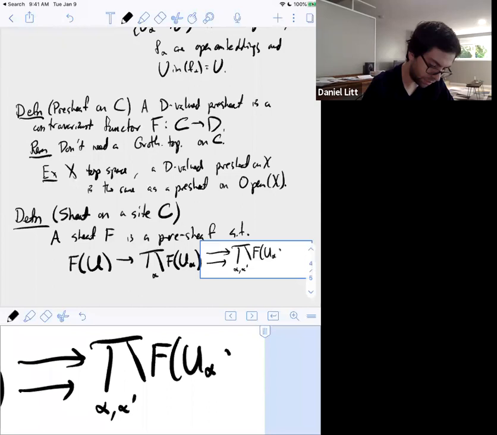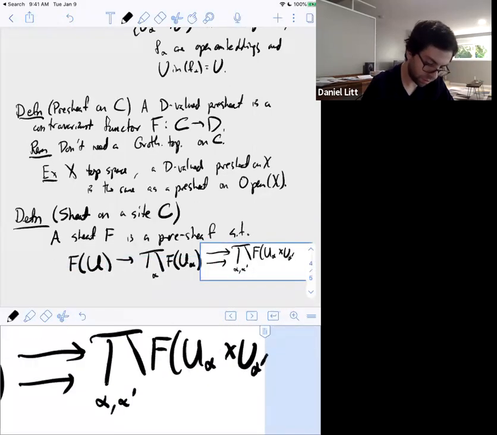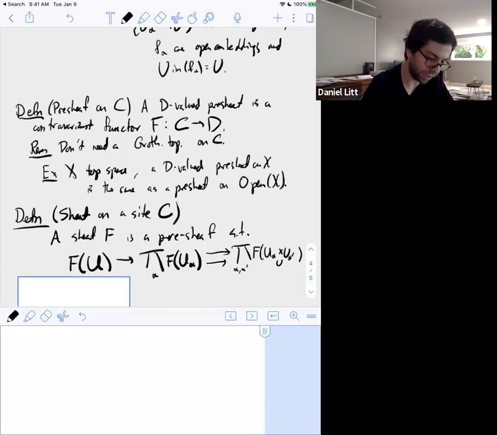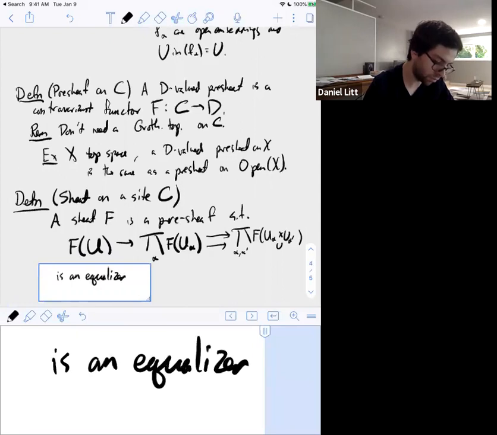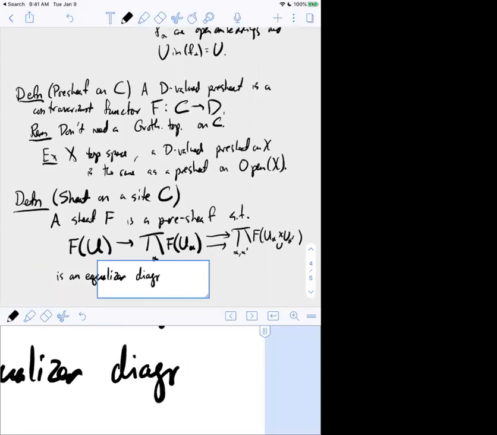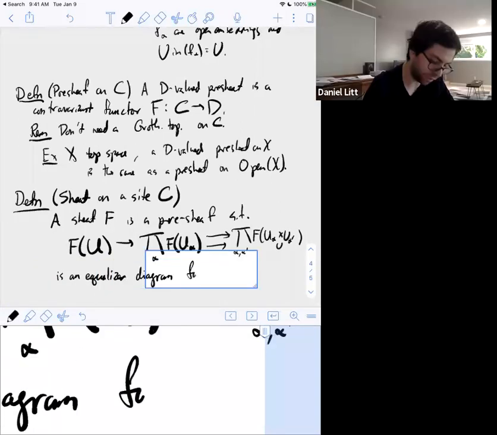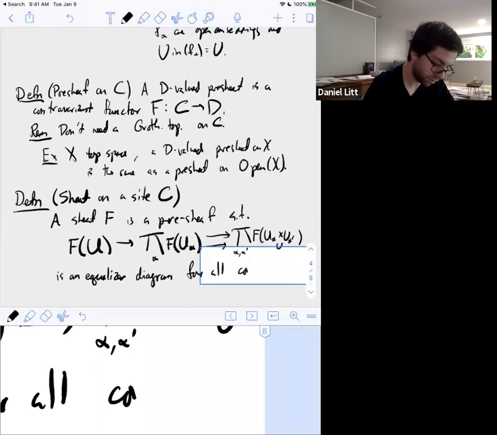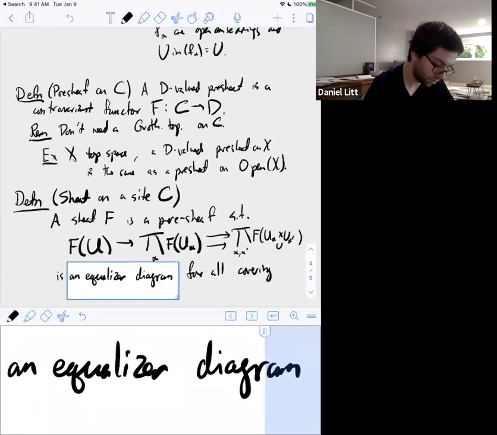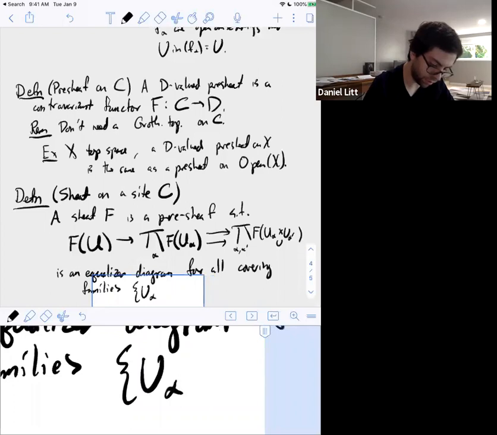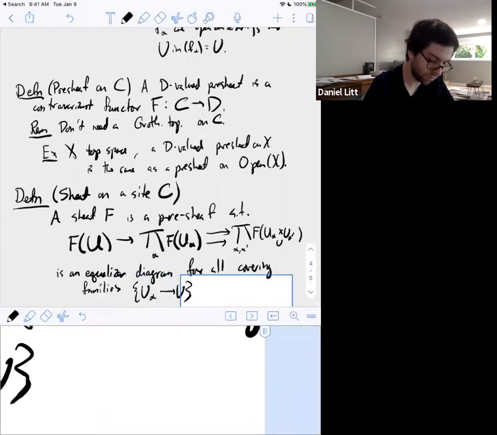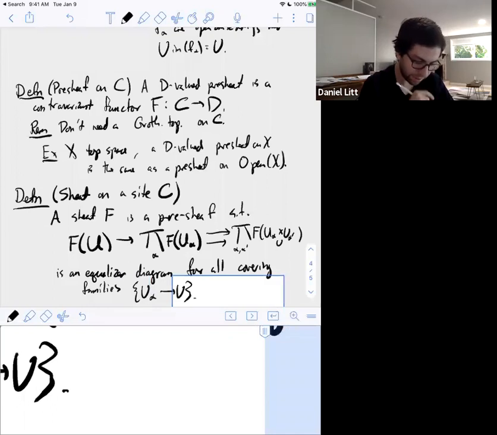So U alpha times U alpha prime over U. We have this diagram, and the condition is going to be that this is an equalizer diagram for all covering families U alpha to U in our site C.